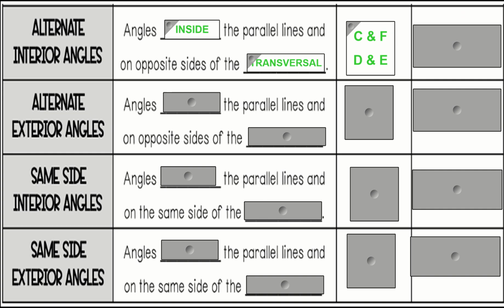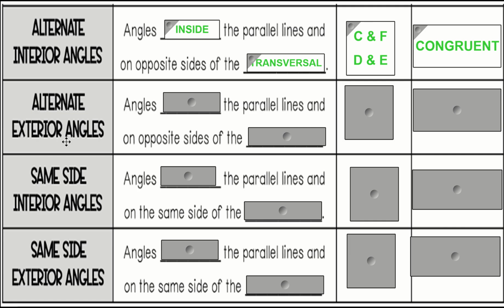That's what you're looking for, alternate interior angles. They are congruent. They are the same. So really, like all 8 of those angles, I really only would have 2 measurements. So they're either the same or they're going to add up to 180.